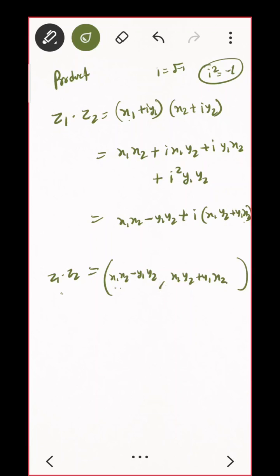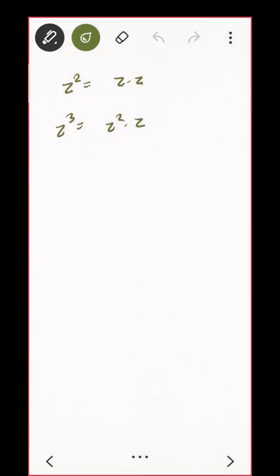Okay, so now we are having two operations, correct? So we must have many properties with that. The first one is addition and second one is multiplication. So what is the first property? That is commutative law.